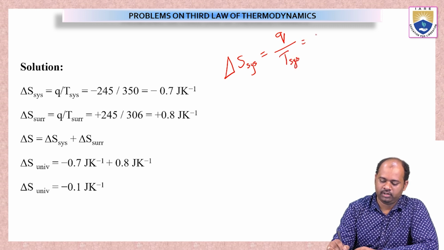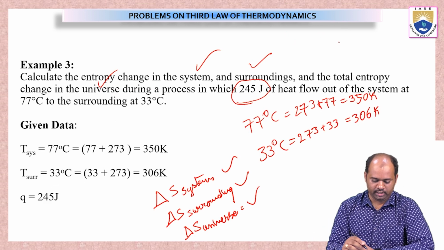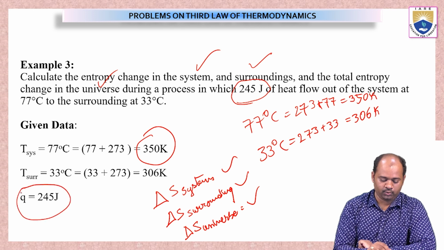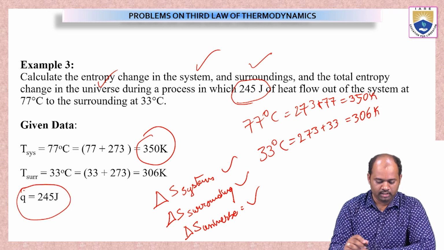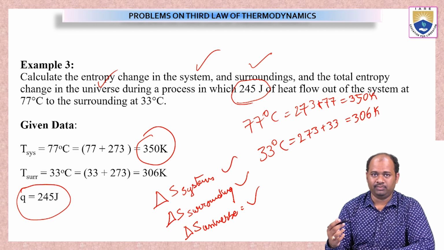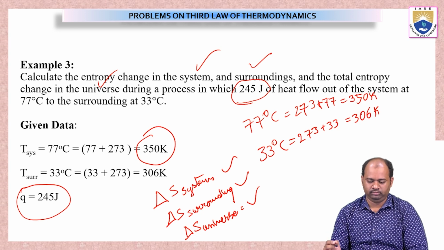So here Q is equal to minus 245 divided by 350. This is the system temperature. Just now we have written here, 350 is the temperature of the system, and Q is 245 joules. Here, see carefully, 245 joules of heat flow out of the system, so it is taken as negative.